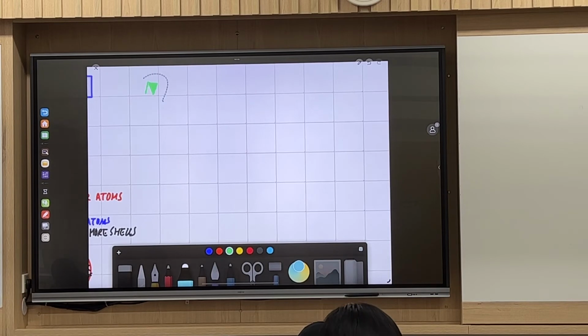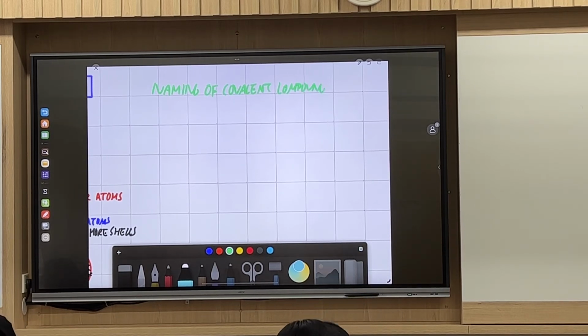So we have the naming of covalent compounds. You have all heard of carbon dioxide, right? Carbon dioxide has 1 C and 2 O. So when we name these 2 elements, we will say carbon, and then we have di.